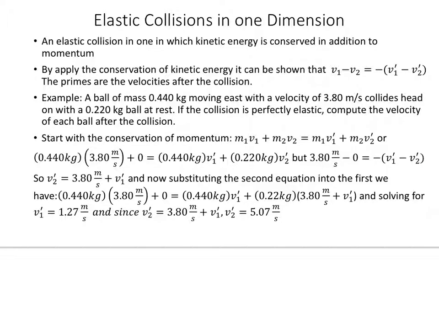Now, if we distribute through the minus signs and solve for v2 prime, that'll be 3.8 meters per second plus v1 prime. By the way, you could have just as easily solved for v1 prime if you wanted to.